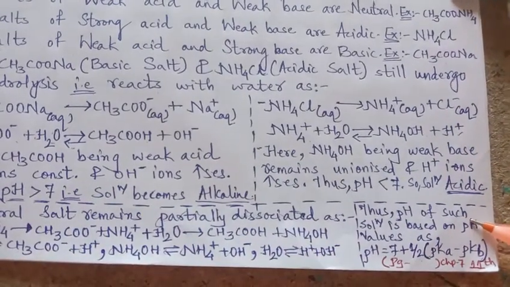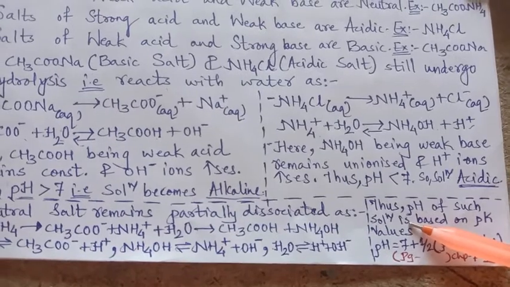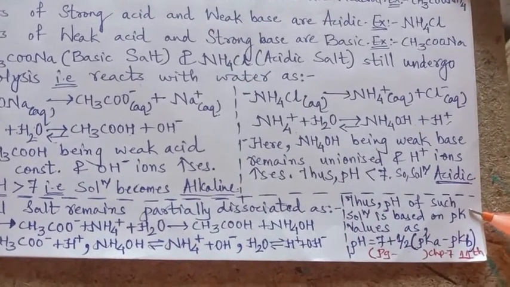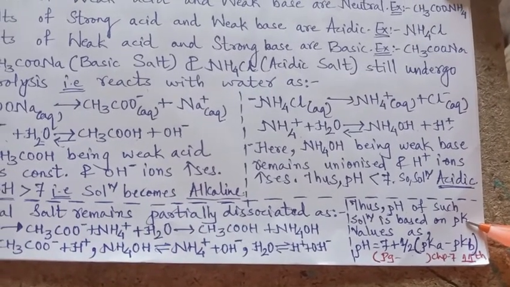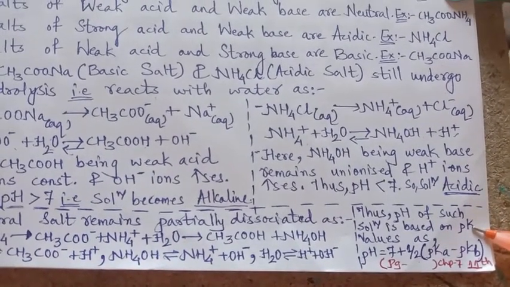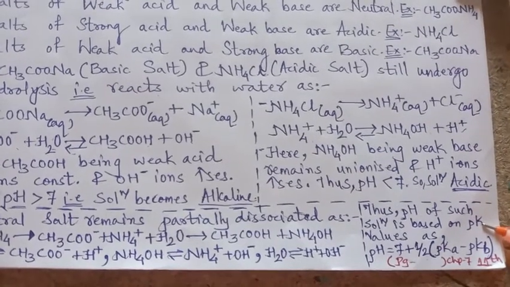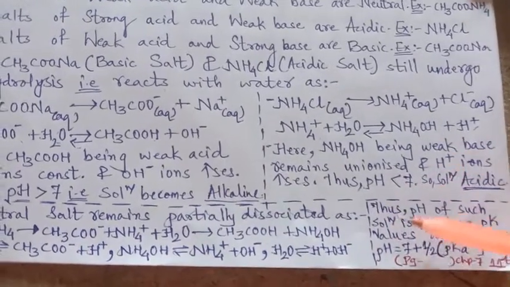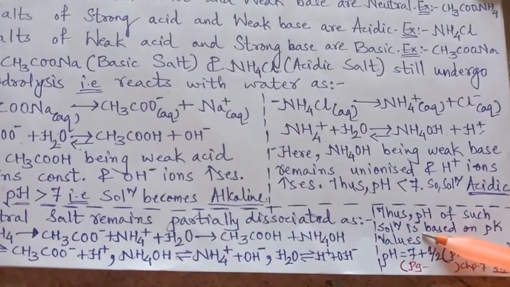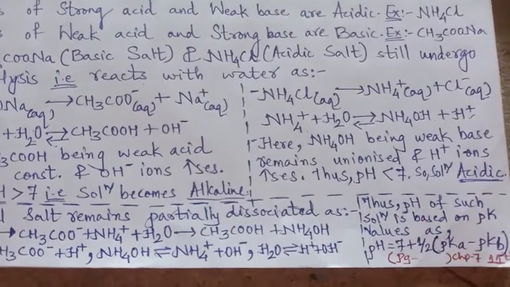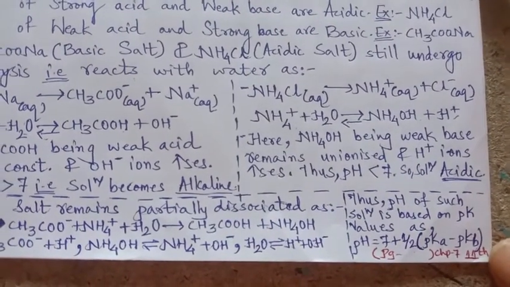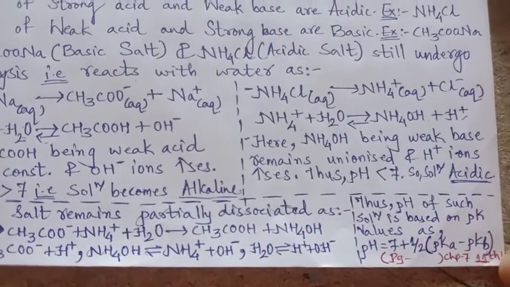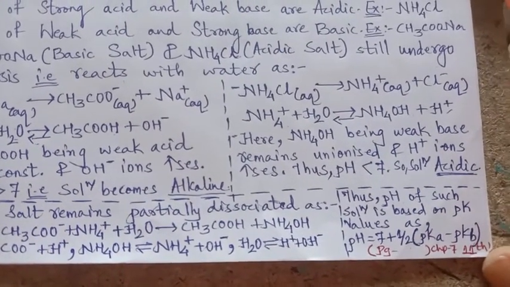Thus, the pH of such a solution, which is partially dissociating, is based on the power of the equilibrium constant of the respective basic, acidic or even neutral salt, and that value will be half of the given value, because here partial dissociation will take place. If it is complete dissociation, then the ionization is considered complete as per the hydrolysis reaction of water, that is, 10 raised to minus 14.